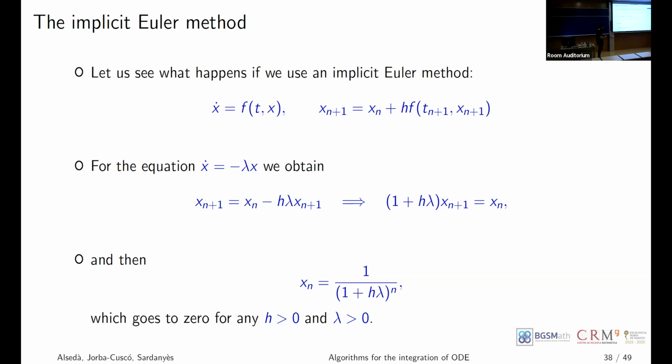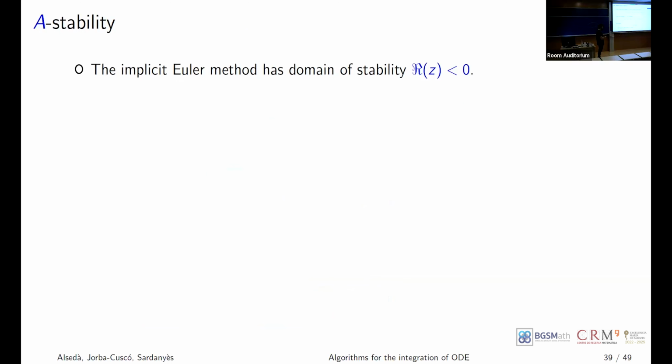And if you define the domain of stability of the implicit Euler method, you have real part of z negative, if you remember that z is minus h lambda. Okay. So you have a nice domain of stability for the implicit Euler method.